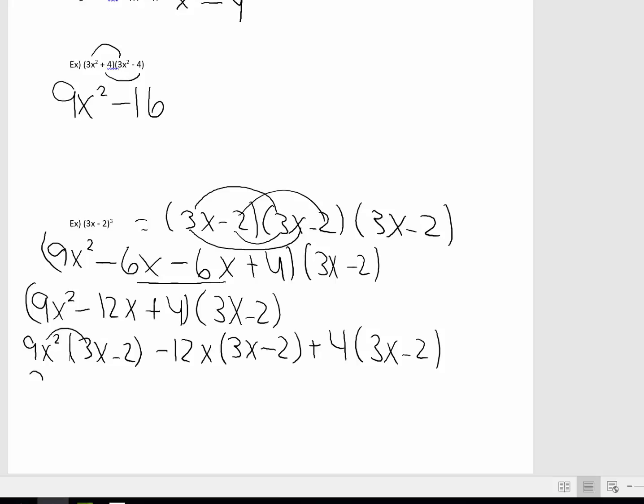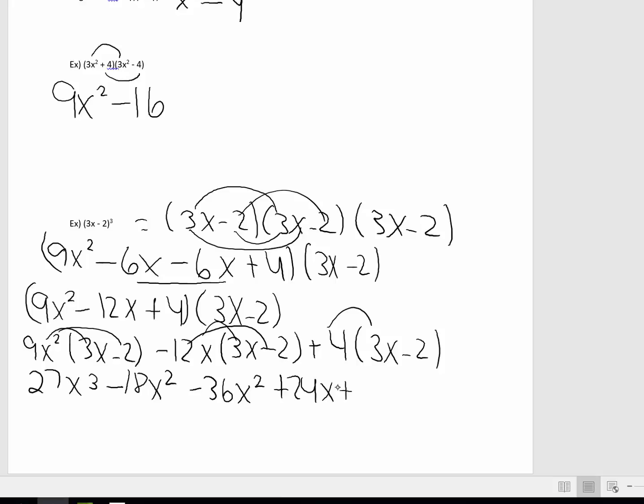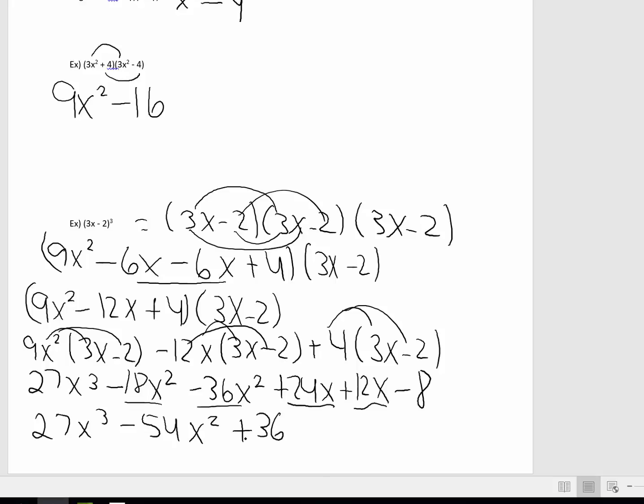So distribute. Okay, now combine like terms. Now 27x cubed. This gives me negative 54x squared. Those combine to give me a positive 36x and minus 8.